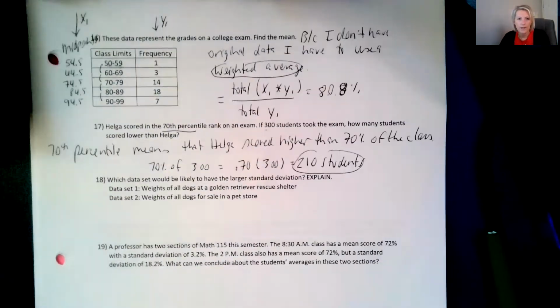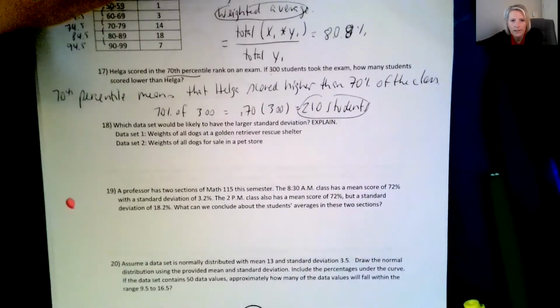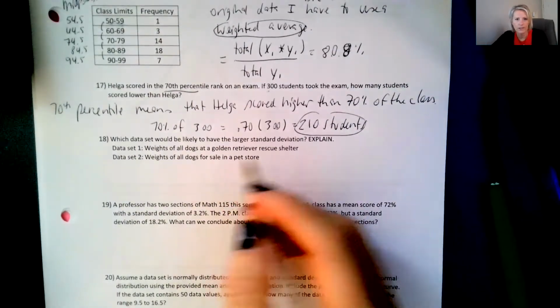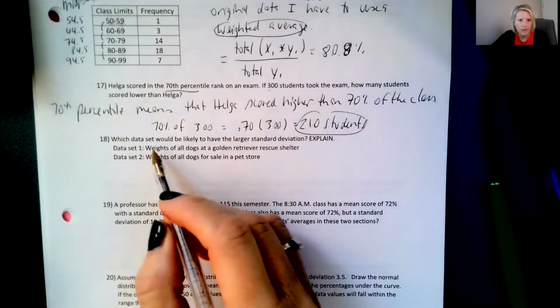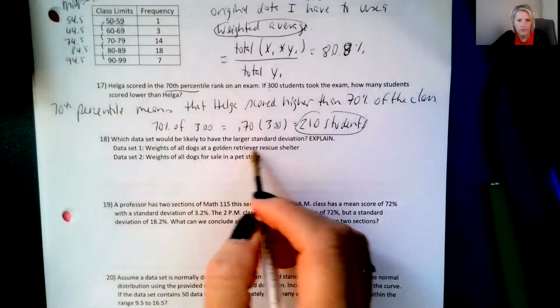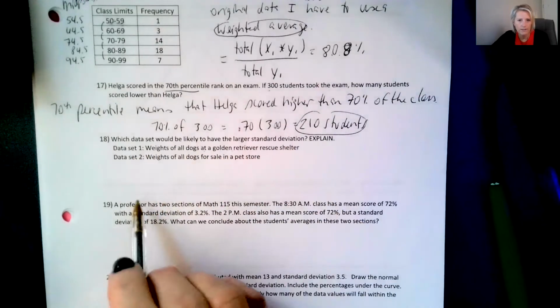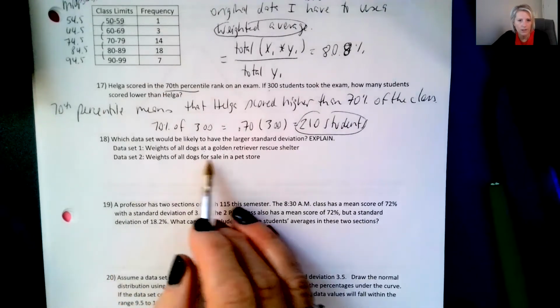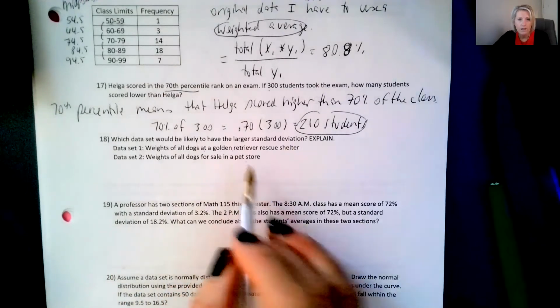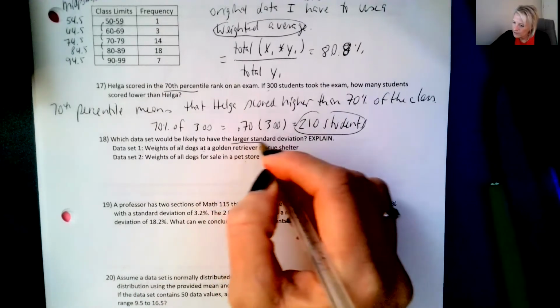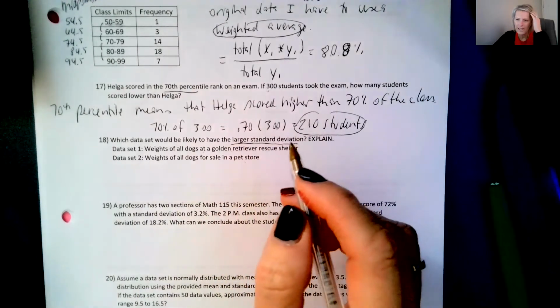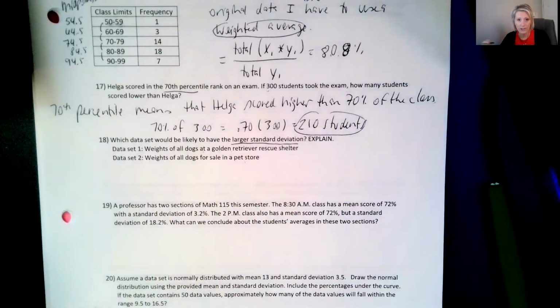Number 18 says, which data set would be likely to have the larger standard deviation? Explain. Data set 1 is weights of all dogs at a golden retriever rescue shelter, and data set 2 is weights of all dogs for sale in a pet store. A larger standard deviation means which group are probably not going to be as similar to each other.